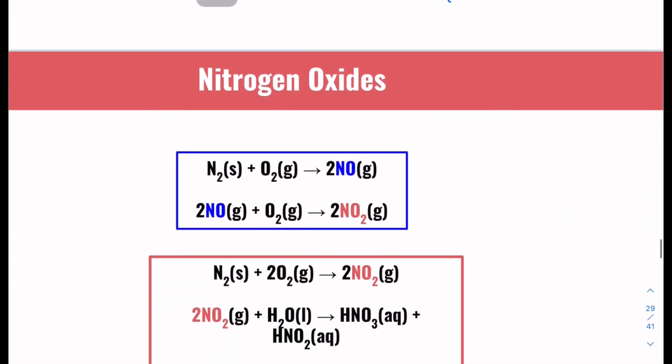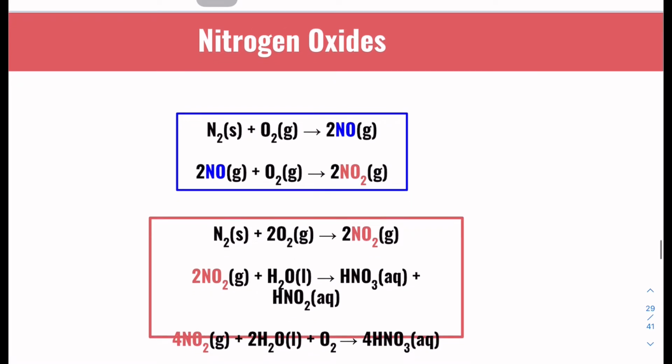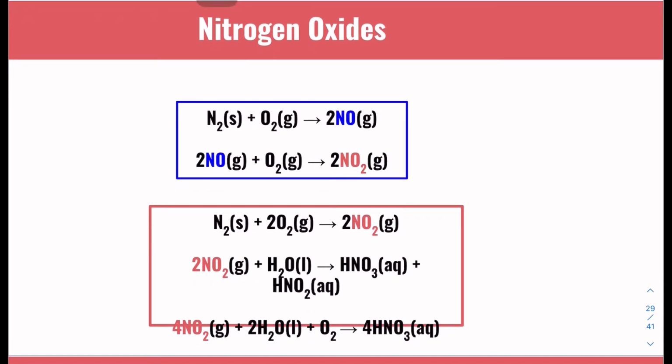We have then the example for nitrogen. We have nitrogen mixing with oxygen to form nitrogen monoxide. Nitrogen monoxide itself can mix with oxygen to form nitrogen dioxide.